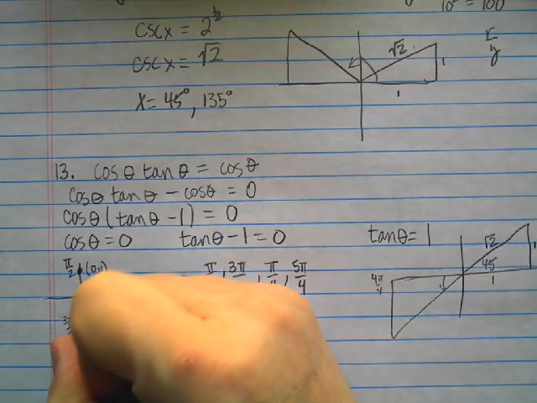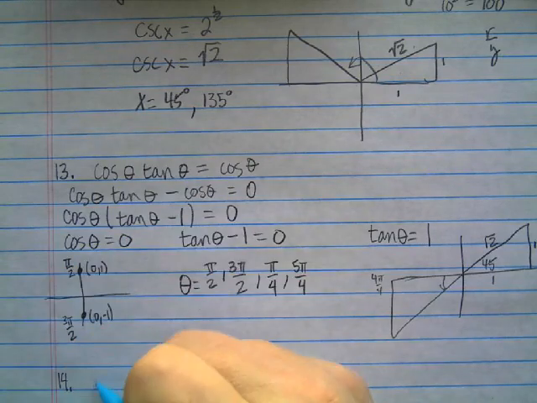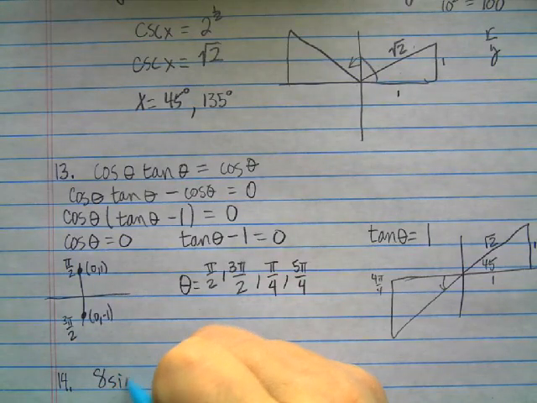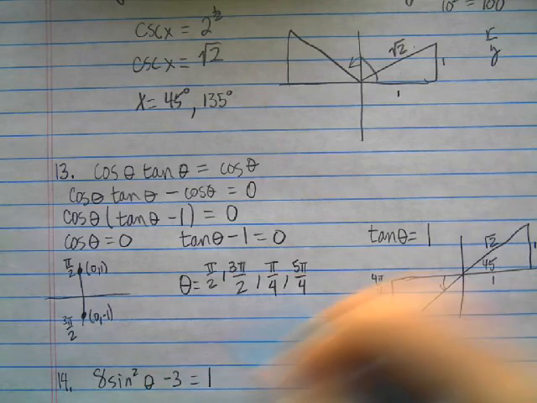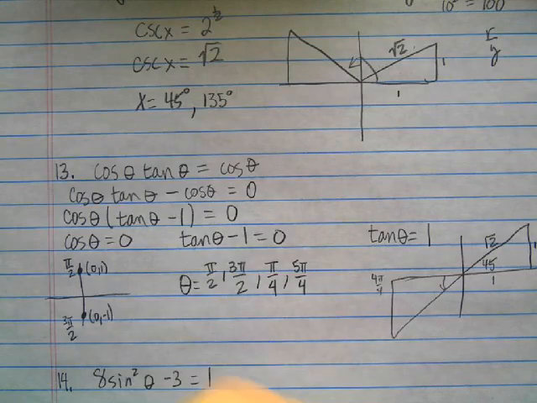And 14, last one. 8 sine squared theta minus 3 equals 1. Well, I'm thinking I need to add 3 to both sides. And then I'm thinking I need to divide both sides by 8.